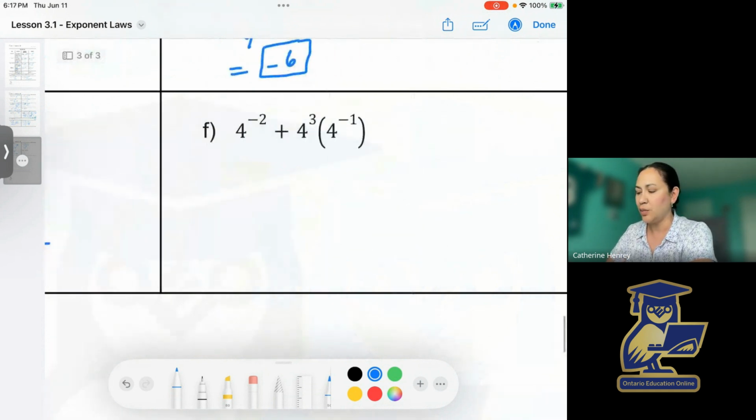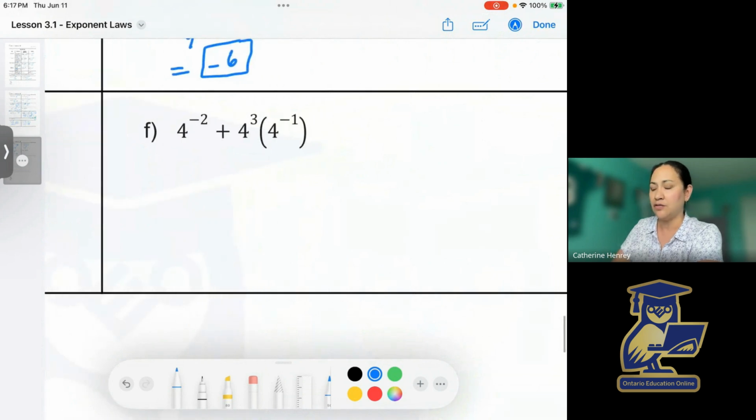And our last example, 4 to the power of -2. Right here, we have then plus 4 to the power of 3 times 4 to the power of -1. So let's deal with our negative exponents, and we'll find all the reciprocals. So 4 to the power of -2 is the same as 1/4 to the power of 2.